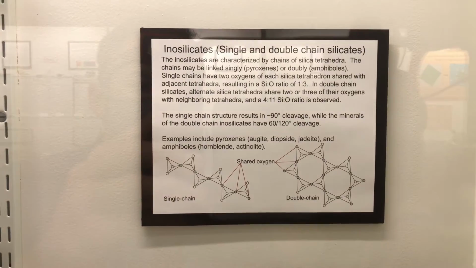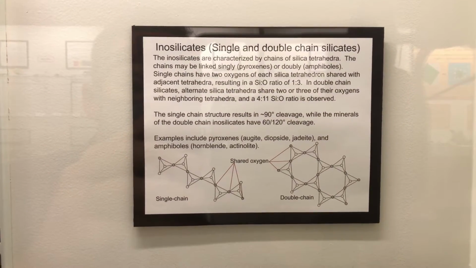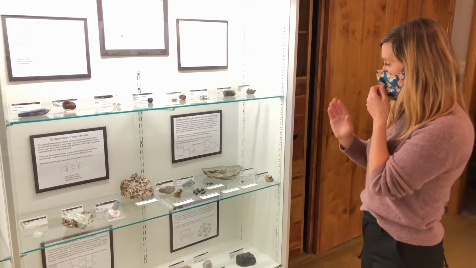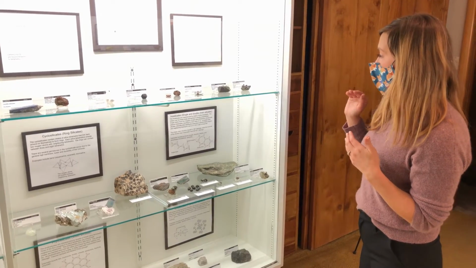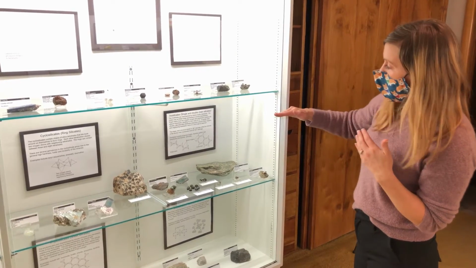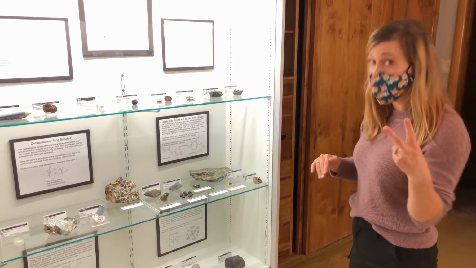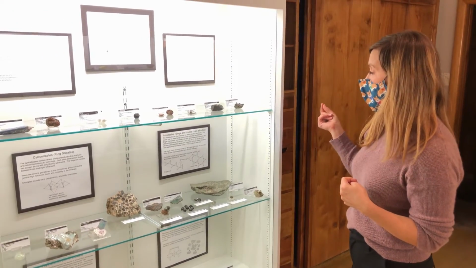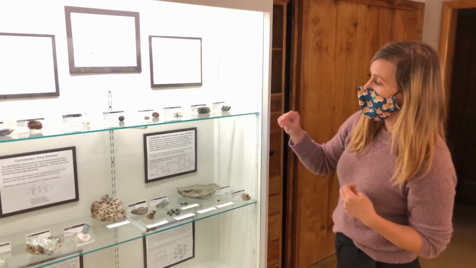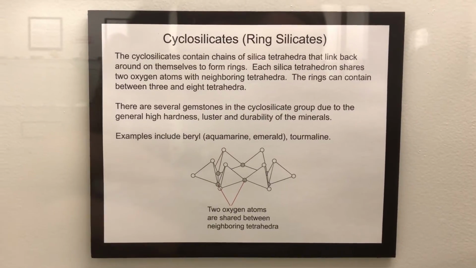Inosilicates are chain silicates, and this can be either single chain or double chain. Our single chain silicates are our pyroxenes, and our double chain silicates are our amphiboles. We have cyclosilicates, also known as ring silicates.